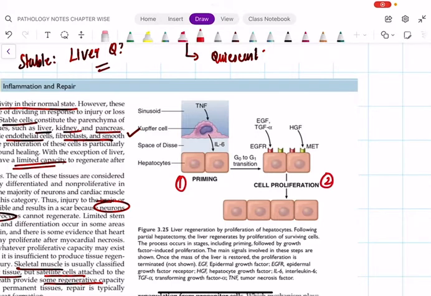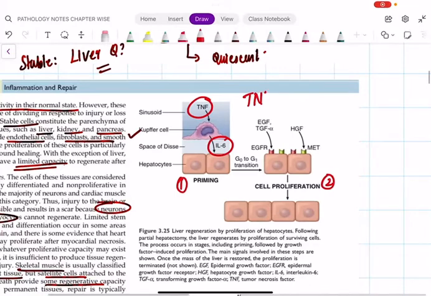What do you mean by priming? Priming means it is the first step. The step of priming is initiated by two factors. One is TNF, very important, and the other is interleukin 6.